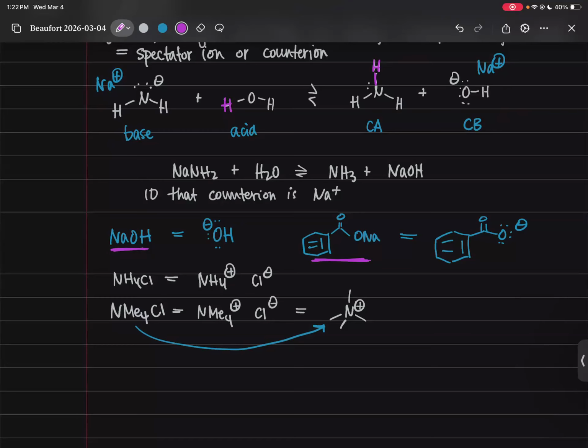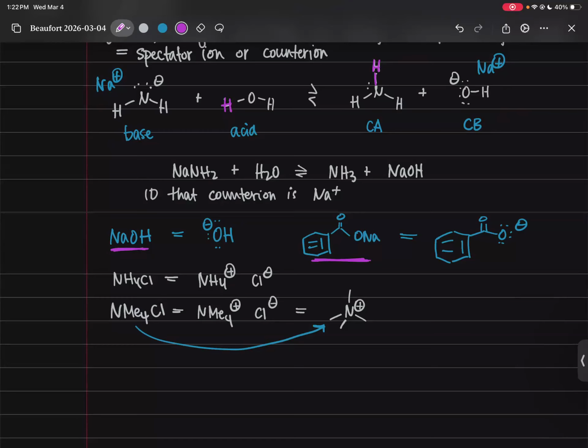And further, a good rule of thumb is if you're able to draw the mechanism for the reaction, the mechanism is not going to involve that counterion, right? So when we have acetic acid reacting with sodium hydroxide, we draw the mechanism.